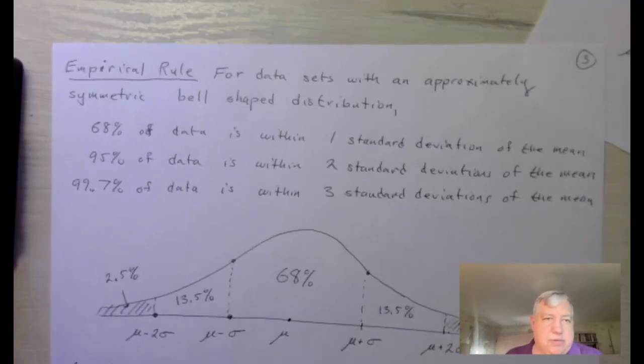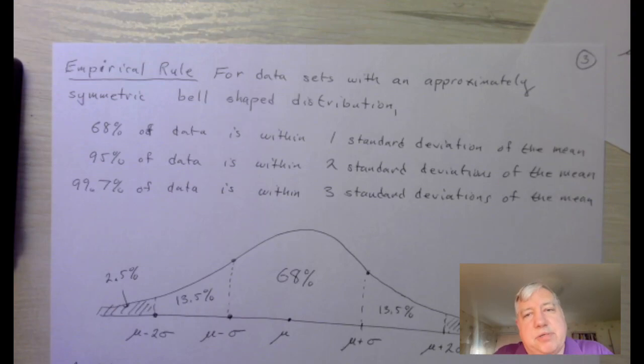The first answer is the empirical rule, which says that if we know ahead of time that it's a symmetric, bell-shaped distribution, we talked about what we meant by symmetric from frequency diagrams.